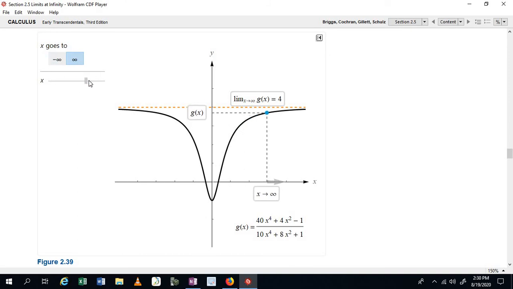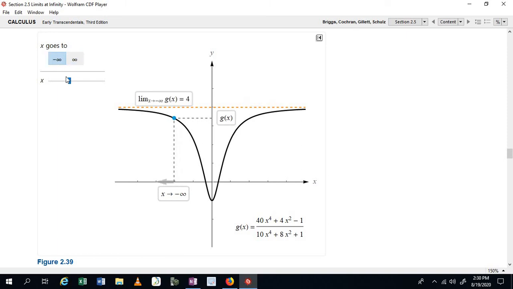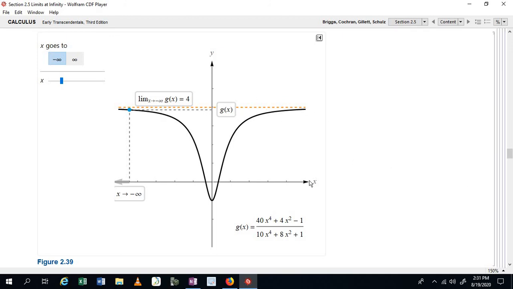All right, so it's creeping up towards 4 as you head towards positive infinity, but it's also creeping up towards 4 as you head towards negative infinity. And that means you have a horizontal asymptote at y equals 4, which they've drawn in here.